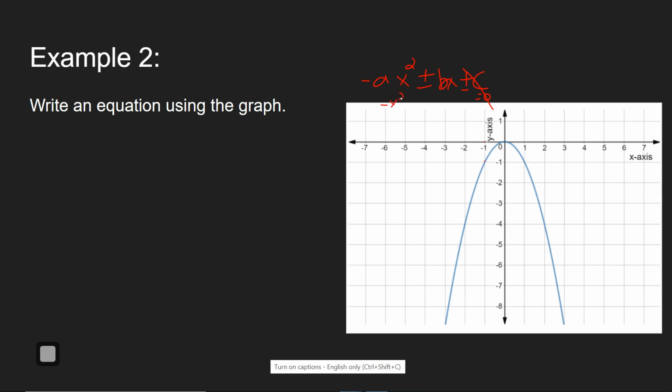So negative times negative 1 squared is going to be equal to y. This is negative 1, and that's exactly what y needs to be equal to. So this is going to be y is equal to negative x squared. And if I lost you, I apologize. We're going to look at another example. We're going to try to figure this out.